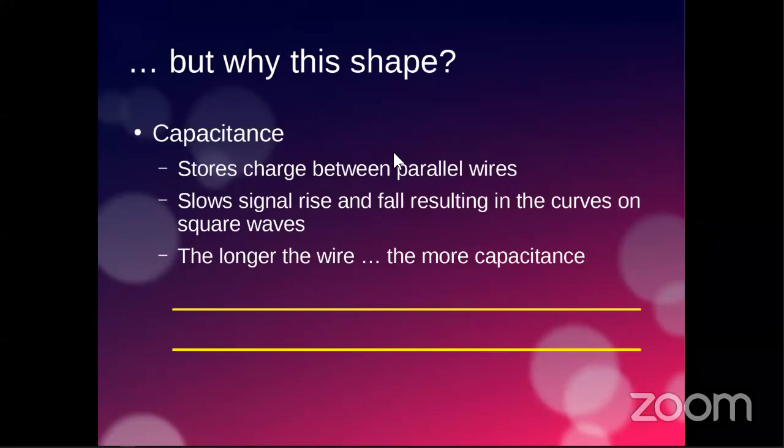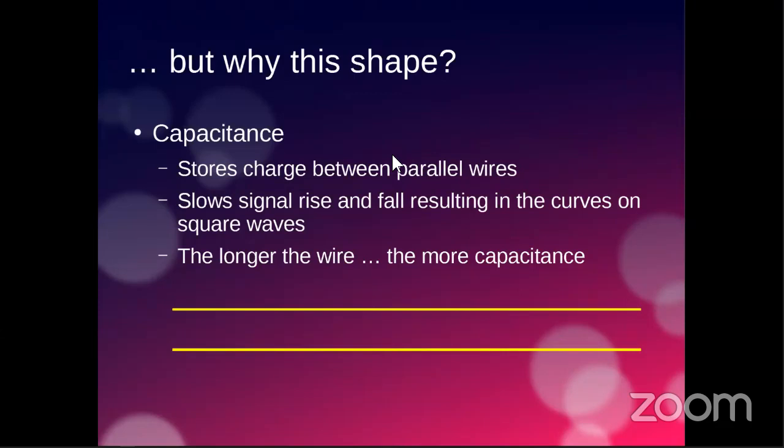So why this shape? Well, what causes the signal shape to change from what goes in on the input side of the wire to the output side of the wire? Well, one of the key things is capacitance. Capacitance is where, when you have two parallel wires, there is a certain amount of charge that gets stored between the wires.